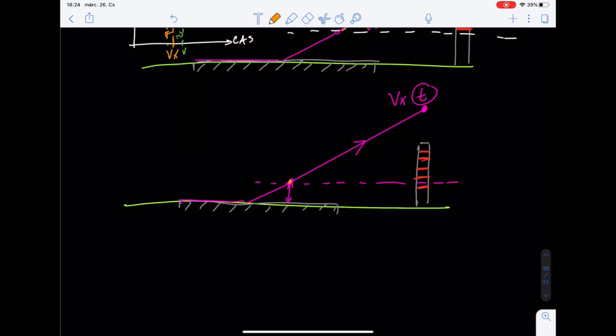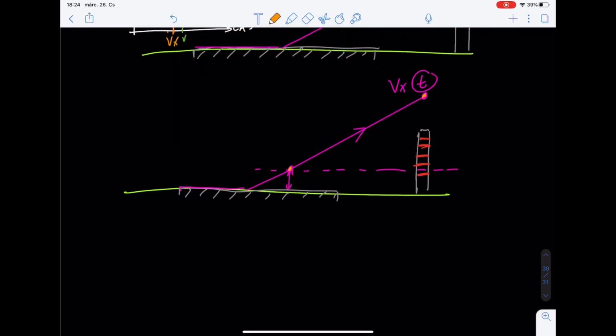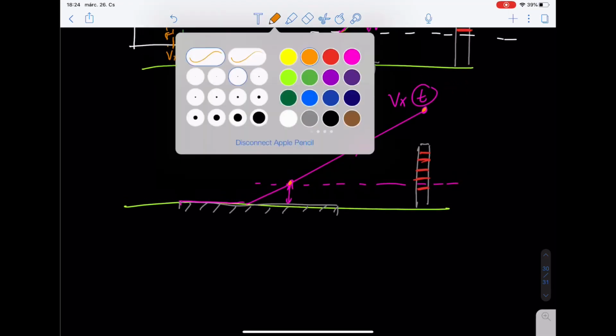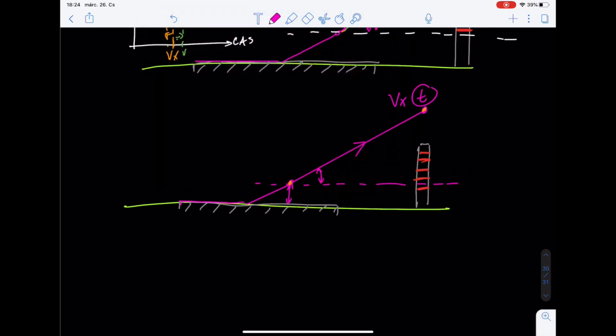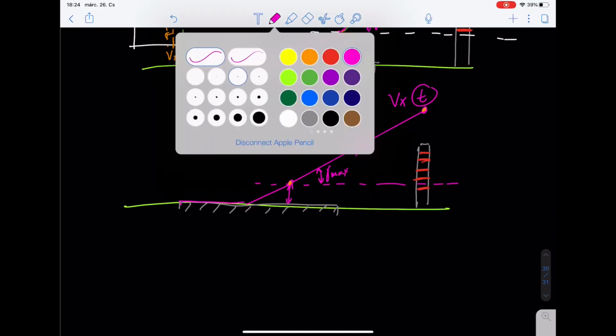So I get to this T point flying Vx and achieve the gamma max angle.